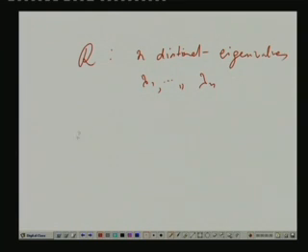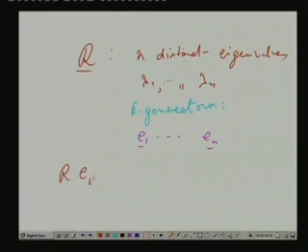Now, the corresponding eigenvectors. Again, vectors I am denoting by an underscore here. So, I have this set: R e_i equals lambda_i e_i, i equal to 1 to n.